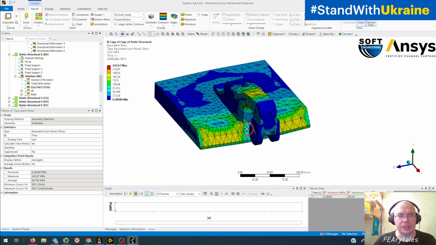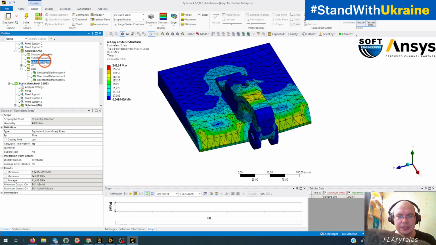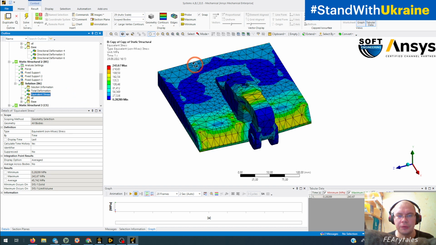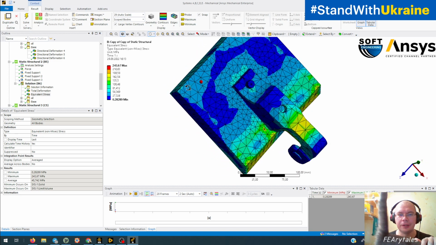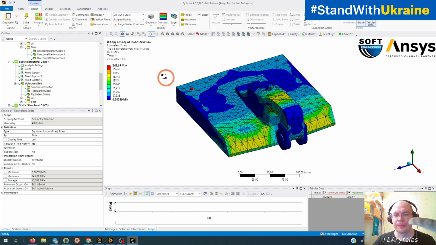We see some difference in stresses, and we see that for the second variant we have more stresses here, in the statement where we don't have fixation on this face.